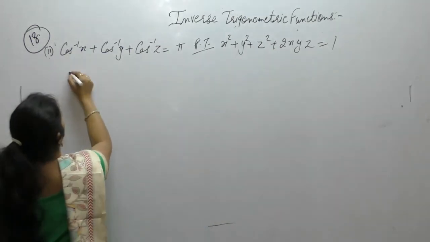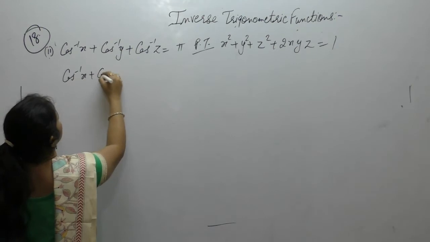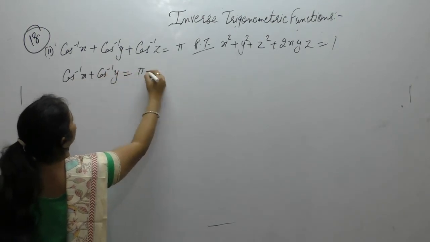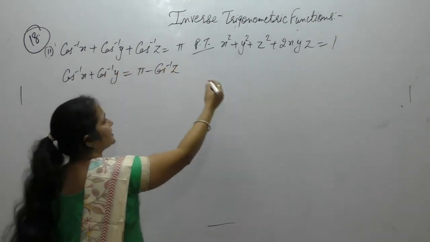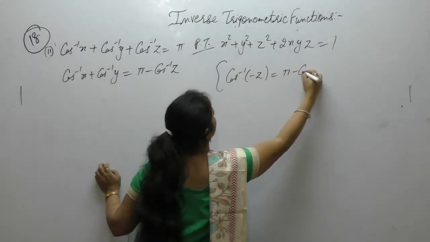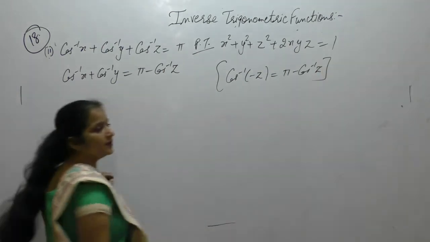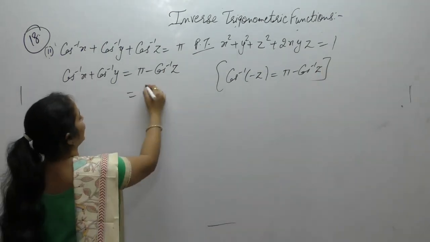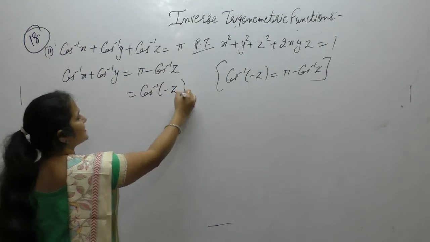Now we can write it as cos inverse x plus cos inverse y equals pi minus cos inverse z. Cos of pi minus theta, so instead of this, we can write it as cos inverse of minus z.